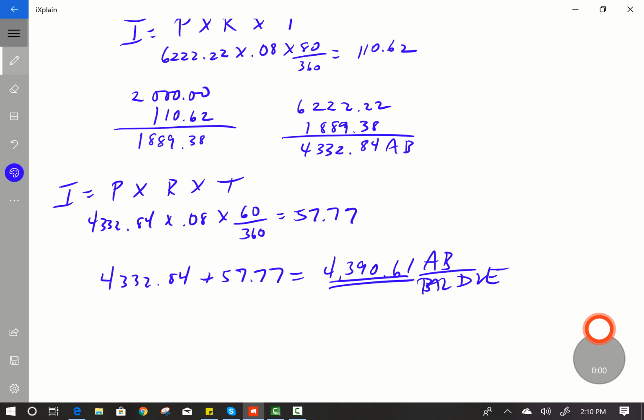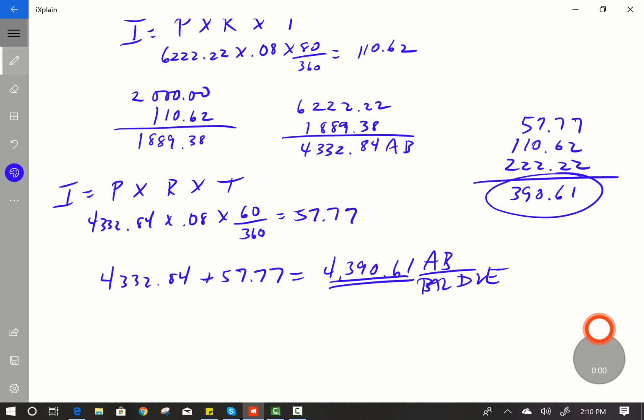Okay, how much did that really affect me? Did it affect me very much? Well, first of all, I know that I had interest of $57.77, and I had interest of $110.62, and I had interest of $222.22. Add that up, and the total amount of interest paid is $390.61. That's the total interest that I paid as a result of making those partial payments.